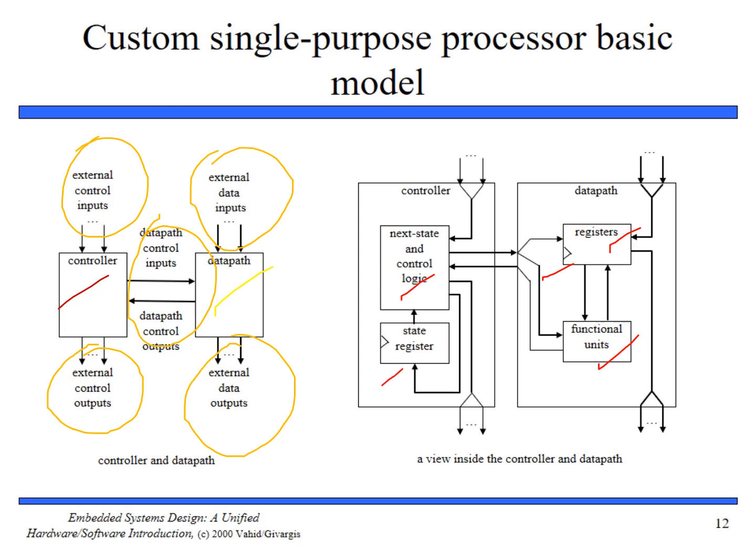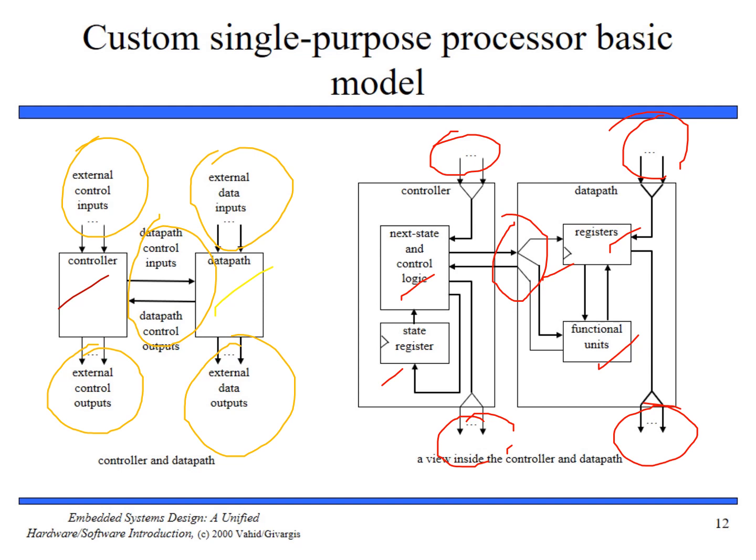Because we need to get to the next state. These are your external data outputs, external control outputs, and external control inputs. Control signal is coming in, data signal going out. So this is the basic architecture: we have data path and controller, and in the controller we have next state and control logic and state register.